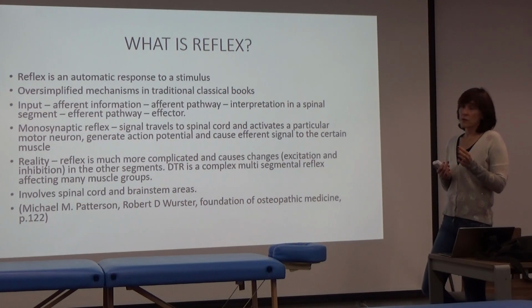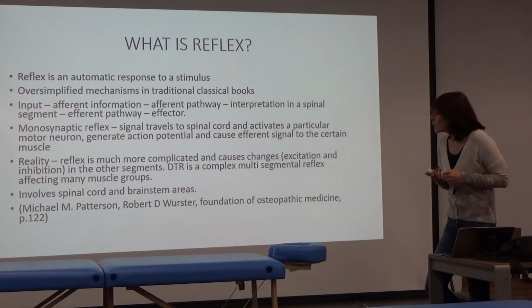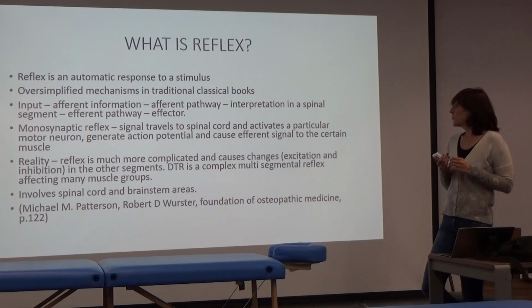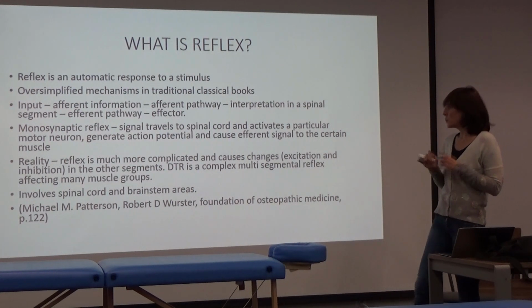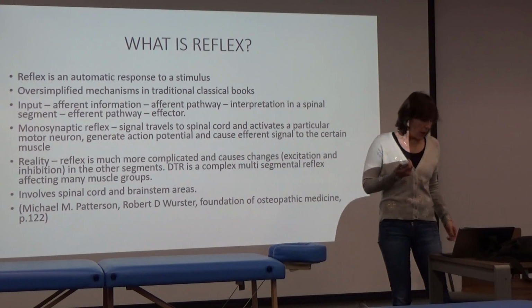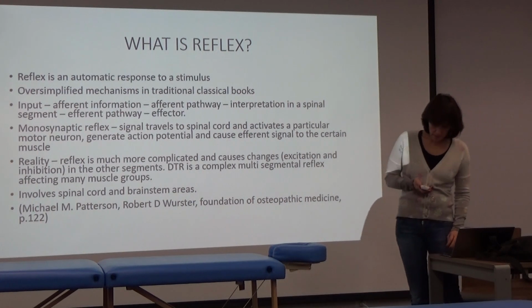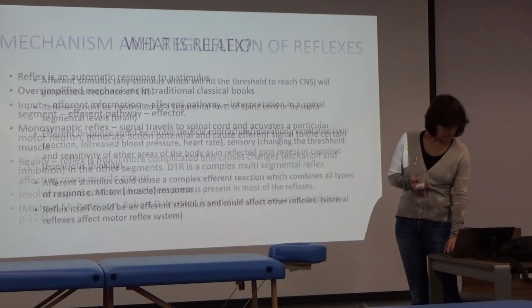For example, a regular monosynaptic reflex going to a certain segment of the spinal cord could influence other segments of the spinal cord. It could influence the upper parts of the nervous system, and it could involve the spinal cord, brainstem areas, and the brain itself.